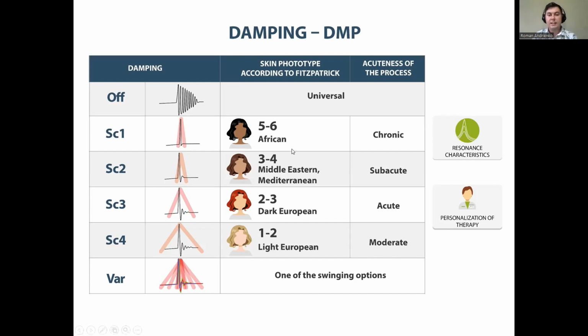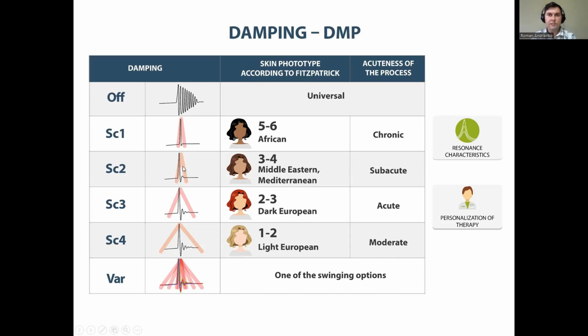And he proposed that the different types of skin, depending on the texture and the color, have different phototypes. There is a phototype scale according to Fitzpatrick, and obviously they have different levels of sensitivity, and it is possible to cut the inner shape of the signal.